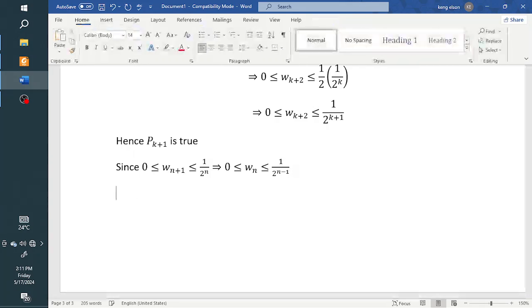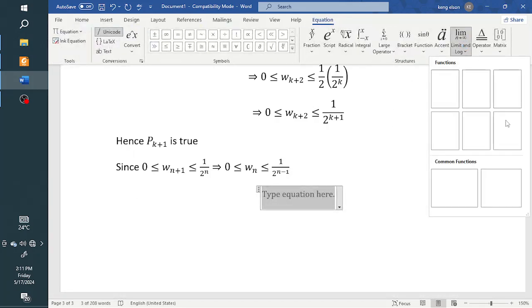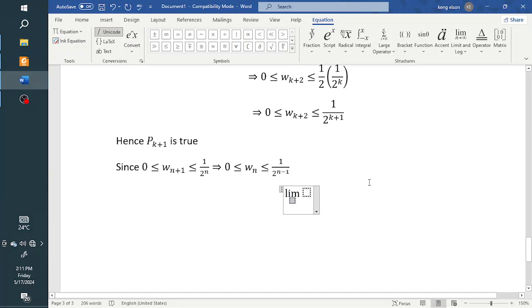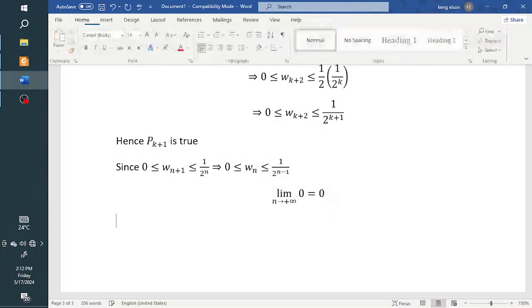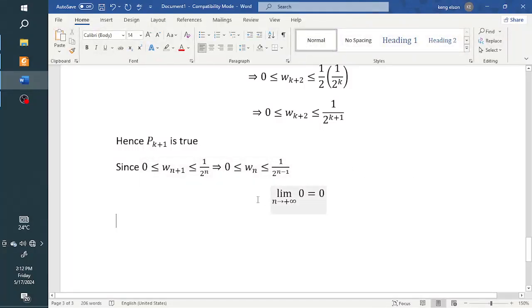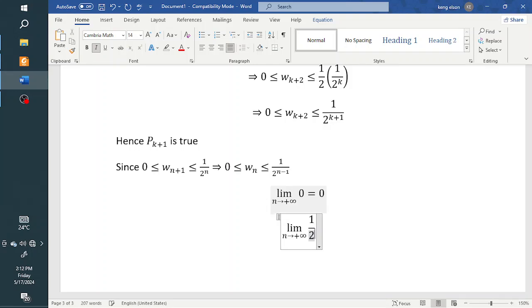Now we are going to apply the sandwich theorem. The limit as n tends to positive infinity of 0 is 0, because 0 is a constant. Again, the limit as n tends to positive infinity of 1 over 2 to the power n minus 1 is also 0, because the denominator will be going to positive infinity, so the reciprocal will be going to 0.